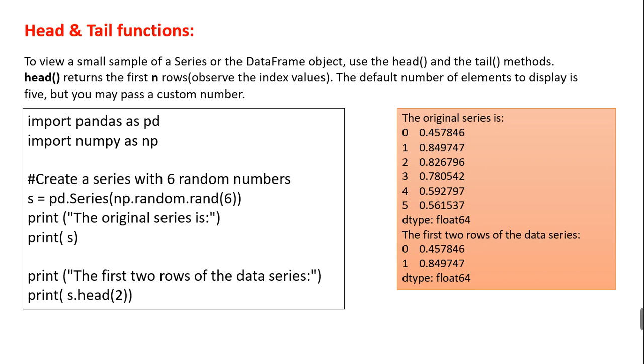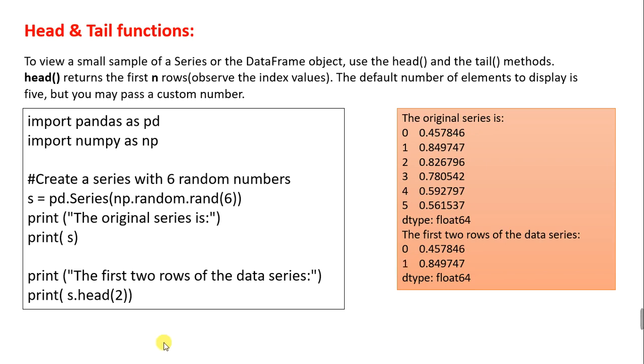Since I am using rand, it is going to generate floating numbers between 0 and 1, excluding 0 and 1. So 6 numbers will be generated, and since I am not passing any specified index values, whenever the series is created, the index will automatically be 0, 1, 2, 3, 4 and 5. Total 6 elements will be returned.